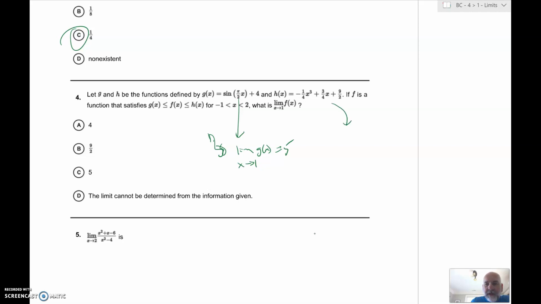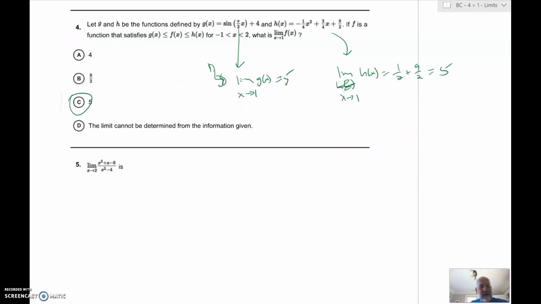The limit of h of x as x approaches 1, I can plug in 1, so 3/4 plus 9/2, oh man, so that's 2/4, so 1/2 plus 9/2, which is also 5. So the bottom one's approaching 5, the top one's approaching 5, that means the middle one's approaching 5.